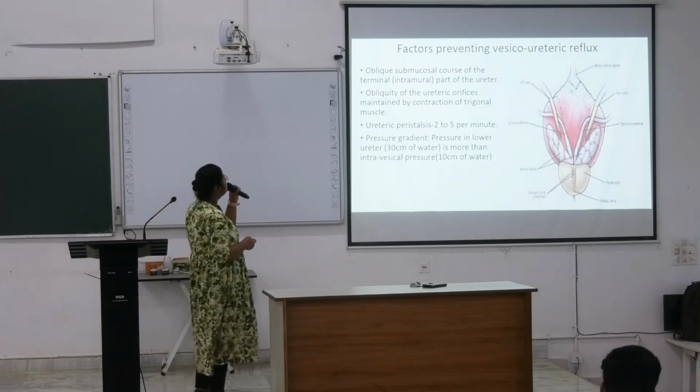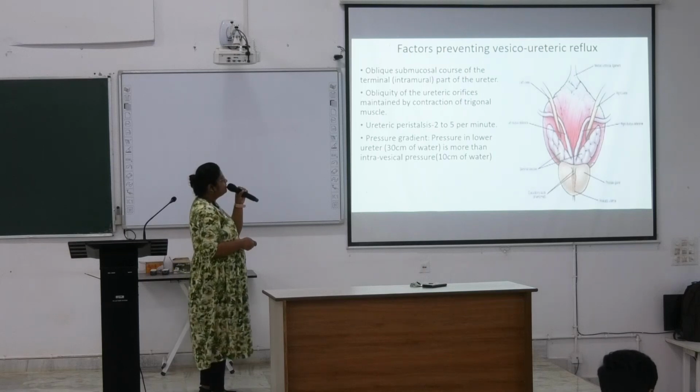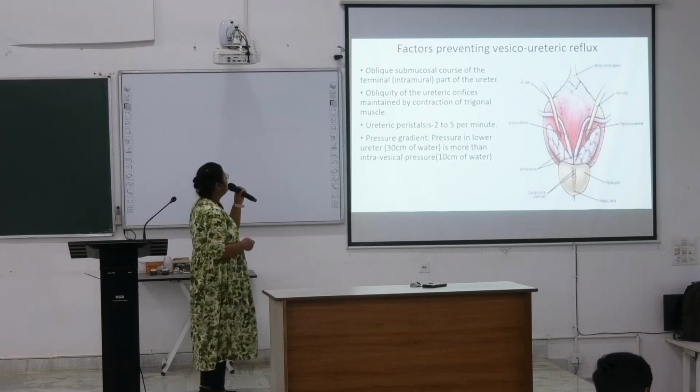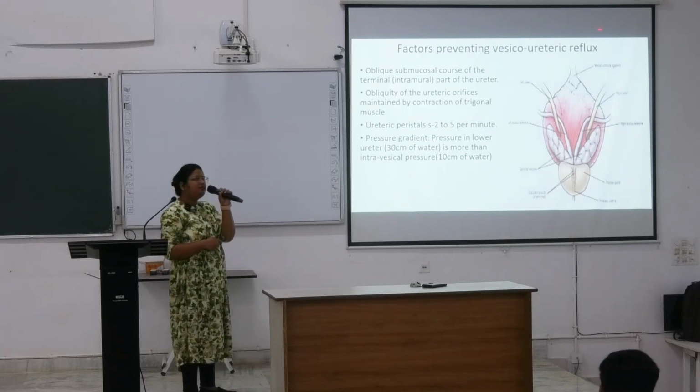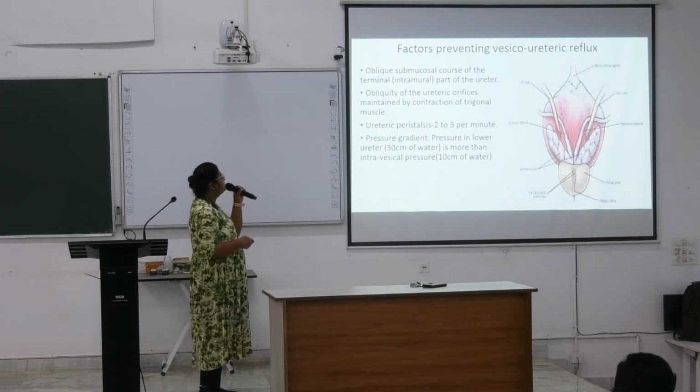Oblique submucosal course of the terminal intramural part of the ureter, where it is lying within the vesical wall of the urinary bladder. This course is oblique, so it will prevent reflux. Obliquity of the ureteric orifice is maintained by contraction of the trigonal muscle. This is a posterior view of the bladder.